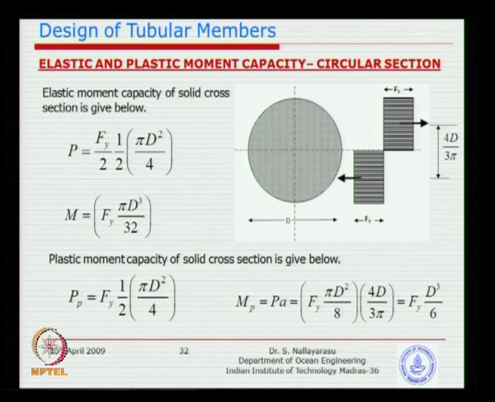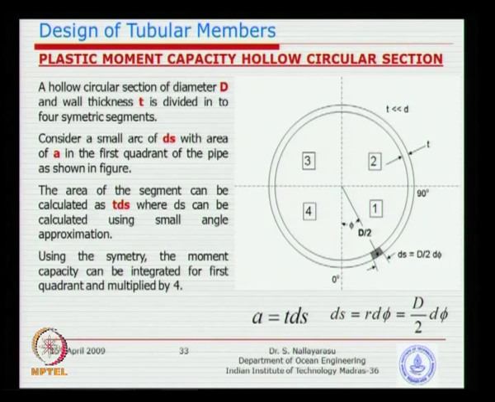But what we want to highlight here is you could improve the failure load considerably if you make the cross section better. The last one before we finish the class today is the hollow circular section, which is of our interest. You could do exactly the same principle, only thing is it is a little bit complicated because of the hollow section.